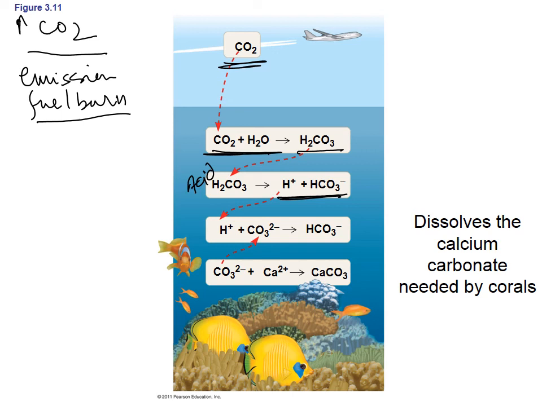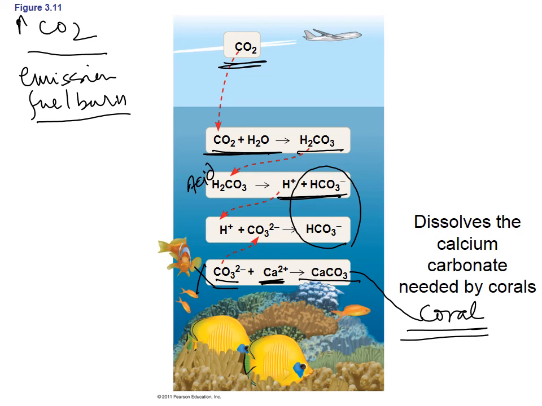What happens is this H plus and the carbonate combine to form more of this, which means this carbonate is not available for calcium to form calcium carbonate. Why do you need calcium carbonate? Corals need calcium carbonate. That is their structure. Now, what is the importance of that? Think about it like this.